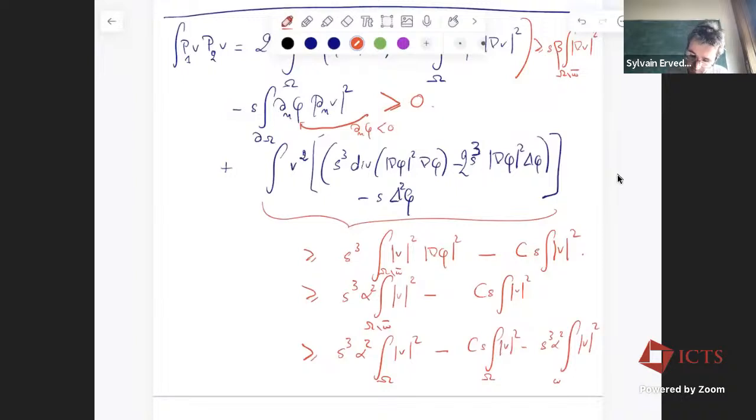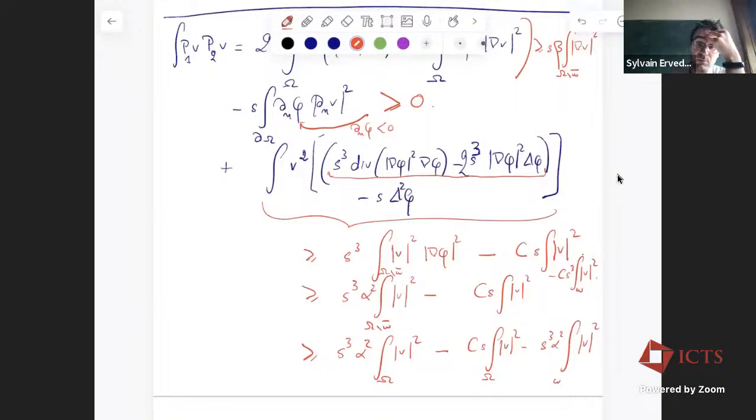I'm a bit messy today. So here, I've used an estimate which is valid only on omega minus omega bar, the estimate from below.